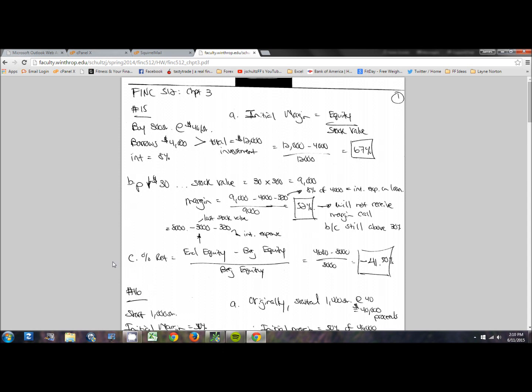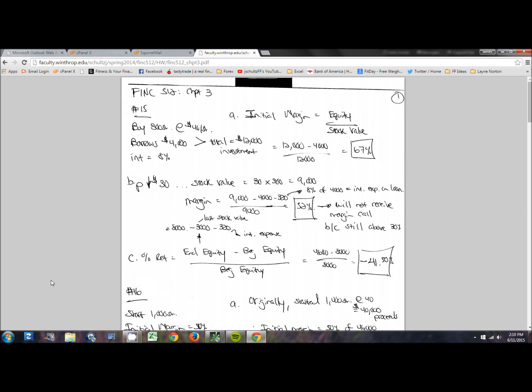But before I do that, the essence of margin, whether you are talking about a regular margin account or a short margin account. What do I mean by regular margin or short margin? Well, it's really simple. The idea behind margin is just that you have the ability to borrow money from your broker.